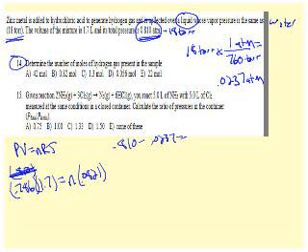it doesn't give me a temperature. So I'm going to assume that the temperature is 25 degrees Celsius because that's standard room temperature. So let's call that not 25, but 298 Kelvin.